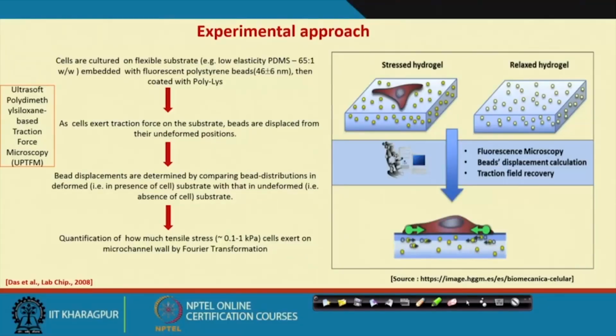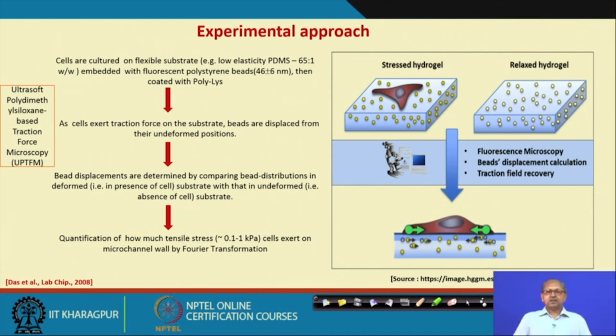So we have two images, and from these images the displacement of the beads is calculated. The tensile strengths, around 0.1 to 1 kilopascals exerted on the microchannel, are calculated by Fourier transformation. In this way, at each point of the focal adhesions, we can calculate the nature or magnitude of the traction force.